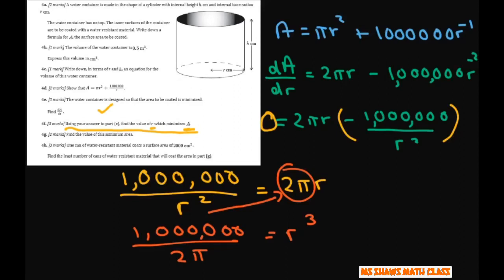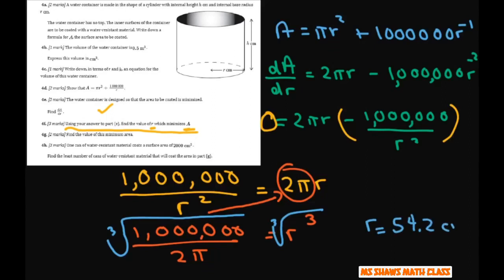Now to find this value, you cube root both sides. And when you do that, you're going to get r equals 54.2 centimeters.